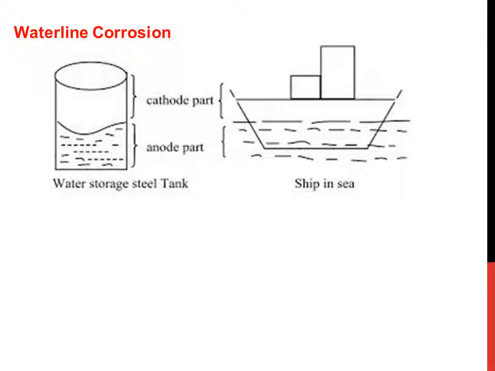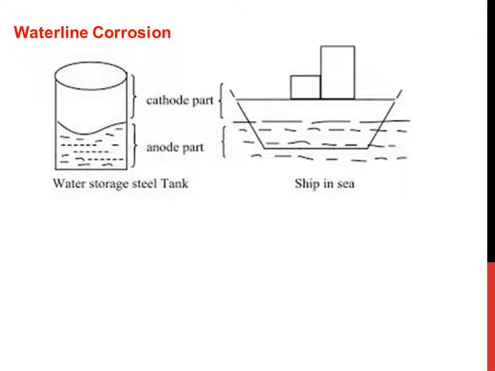As you can see from the diagram, a water storage steel tank or a ship in the sea. Here it mainly deals with the corrosion process that takes place in water storage tanks, or the portion of the metal which is always under water.